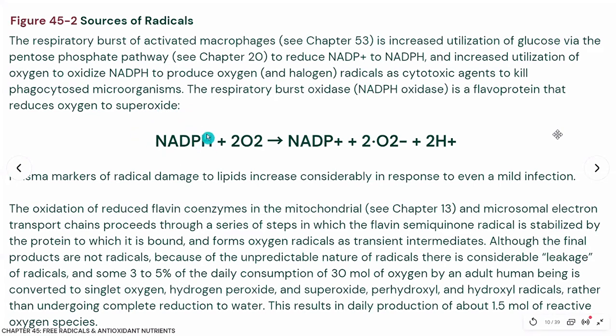NADPH is a reductant. It reduces oxygen. Now, instead of forming water, it forms superoxides and protons. Okay? And this is brought about by this enzyme, NADPH oxidase.